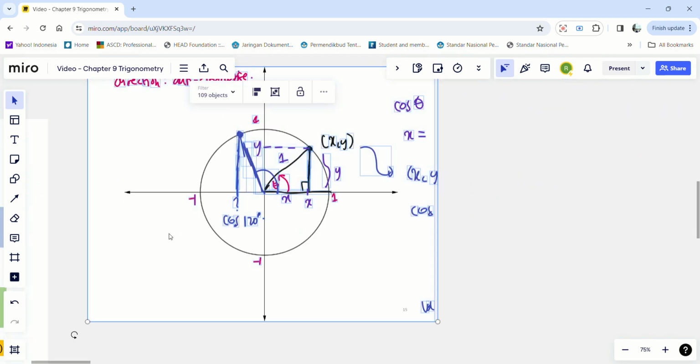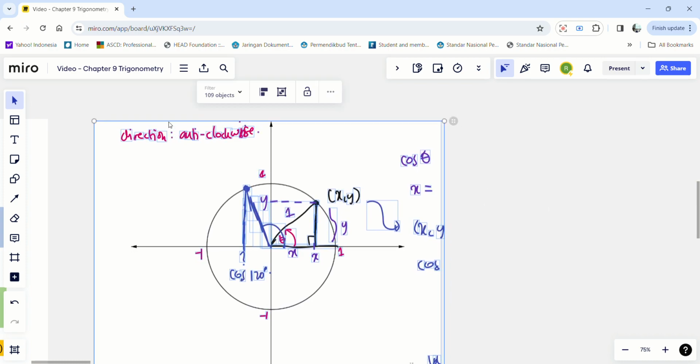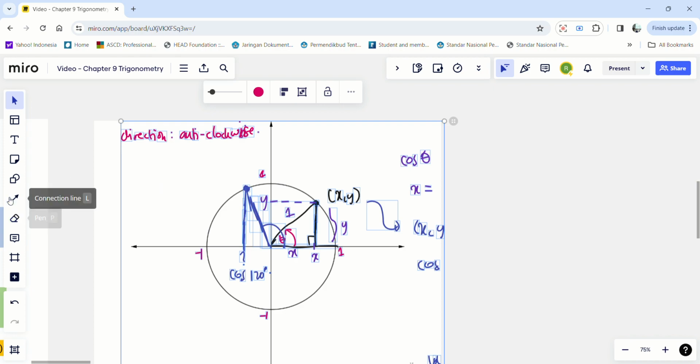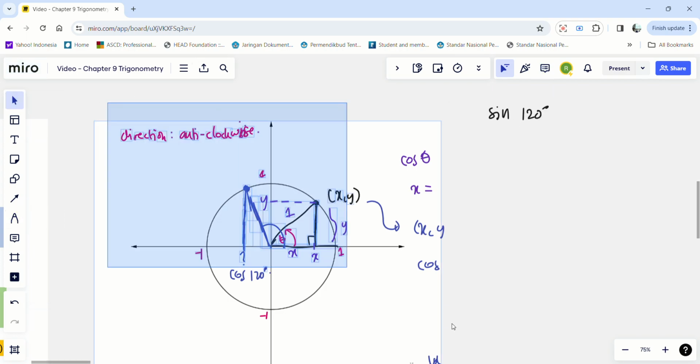Now let's take a look at various values of trigonometric functions. For example, let's say sine 120 degrees. So what is sine 120 degrees?